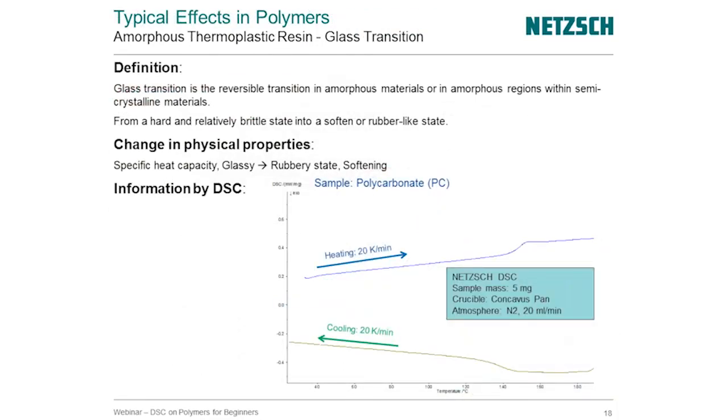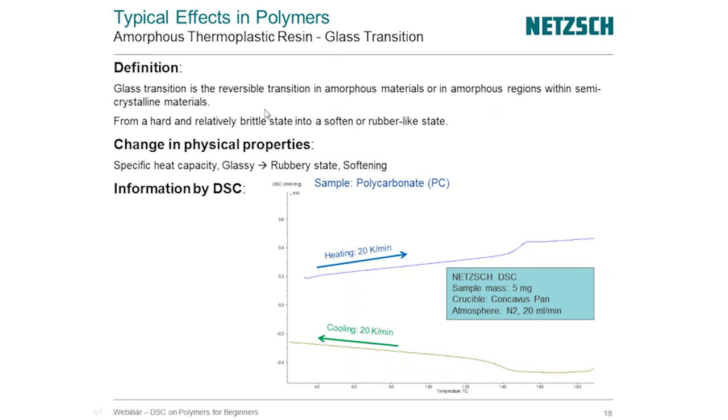Okay, so let's get into some examples. Typical effects in polymers. If we look at an amorphous thermoplastic resin, again, we're going to be looking at the glass transition. Here's an example of an amorphous thermoplastic, polycarbonate. By definition, the glass transition is a reversible transition in amorphous materials, or in amorphous regions within semi-crystalline materials.